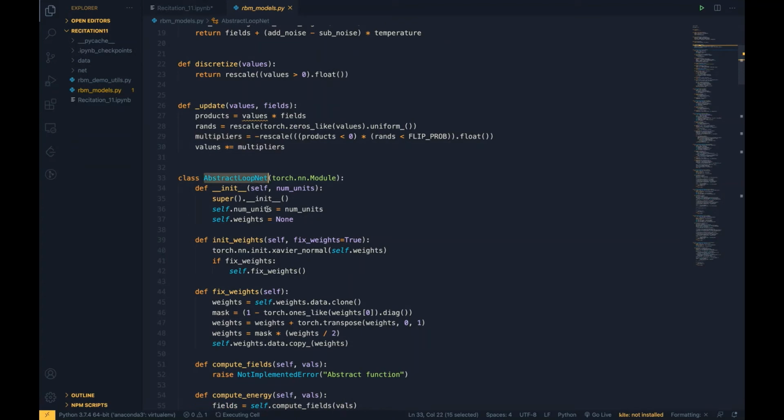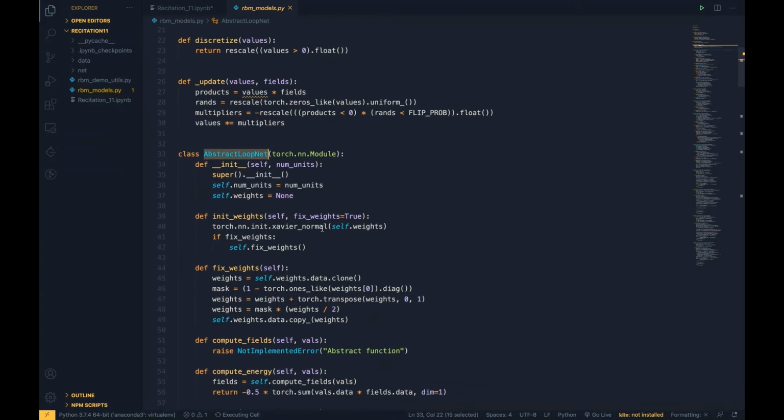The abstract loop net is an abstract class that all other networks inherit from. It takes an input called the number of units, which defines how many neurons the network has.